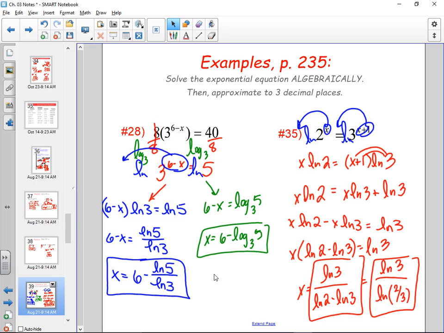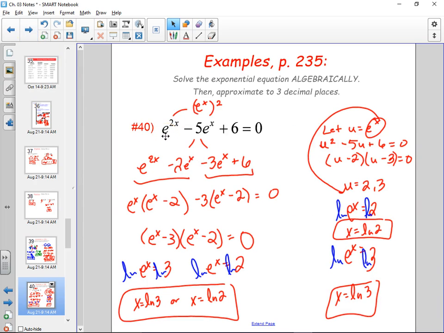Plug it in your calculator once you get it. And if there are no decimals in the answers and they're all written with ln's and logs and stuff, you can get those as decimals and then see which one matches. If it's not easy to match right away, does that make sense? Plug yours in the calculator, and you can always plug the other ones in the calculator. Find the one whose decimal is the same. So that's just one of those problem-solving tips just in case. But otherwise, it's a long answer, and you just box yours and say, hey, here it is. You figure it out. And I'll be like, okay, I can do it.